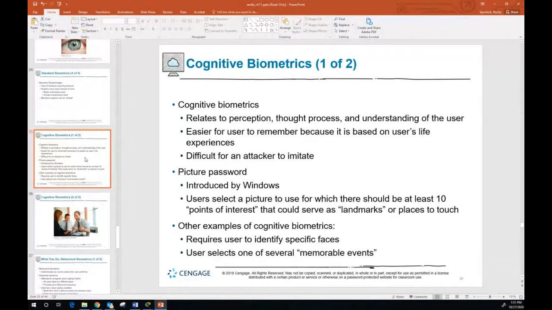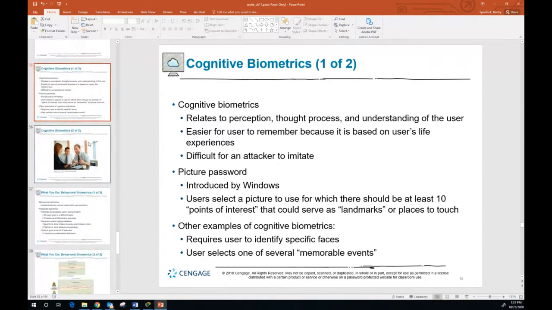Cognitive biometrics, these relate to perception, the thought process, or the understanding of the user. These are something that's easier for the user to remember because it's going to be based on the user's life experience, and it's going to be difficult for an attacker to imitate. One other thing is the picture password. This was introduced by Windows.